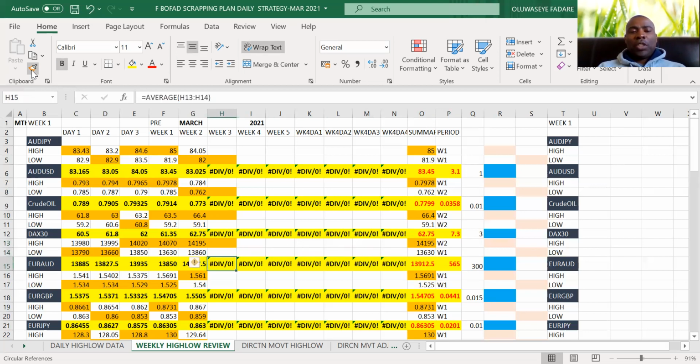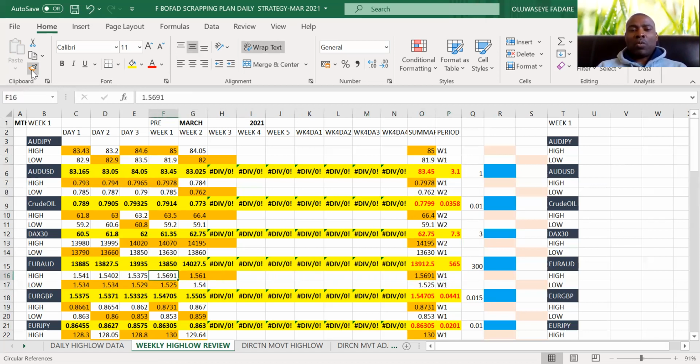Euro AUD. Euro AUD, our week 1 was a low and our week 2 was a high. So what are we expecting for week 3? From my projection, our week 2 was a high, but currently, according to the report, the highest and the lowest were made in week 1.